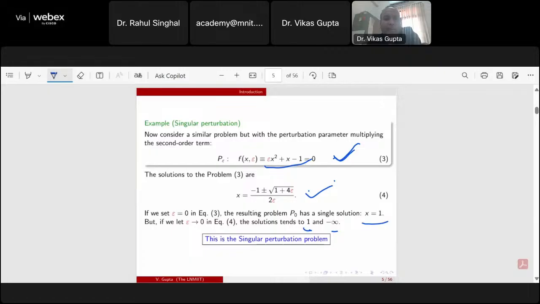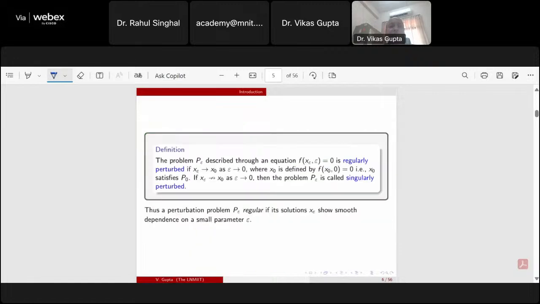So you can notice that P epsilon here does not approach P naught as epsilon approaches 0, and that's why it is said to be a singularly perturbed problem.